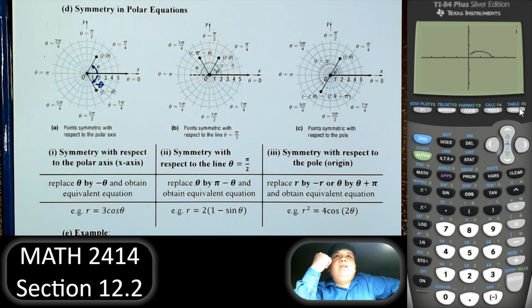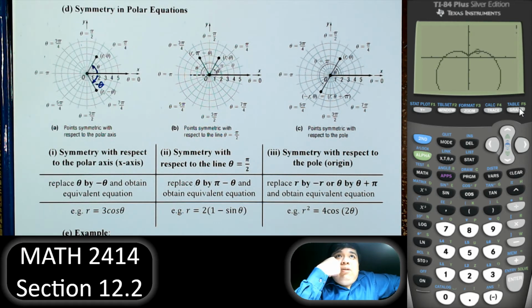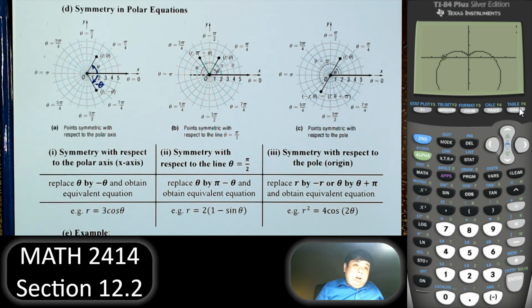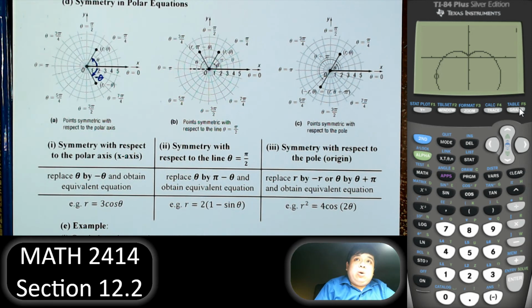So the first graph is that. I need to zoom out, and you see the second graph will be traced around that. By the way, that is the graph of what we call a cardioid, or the heart shape.